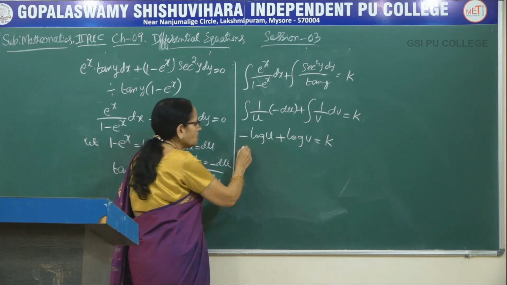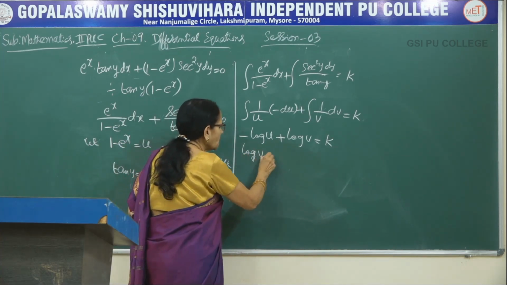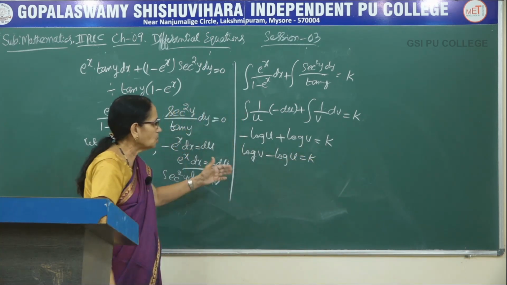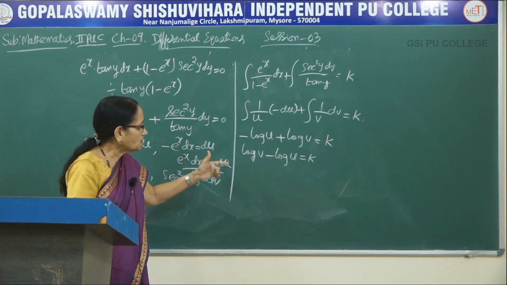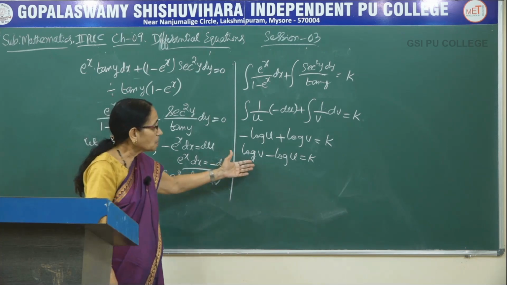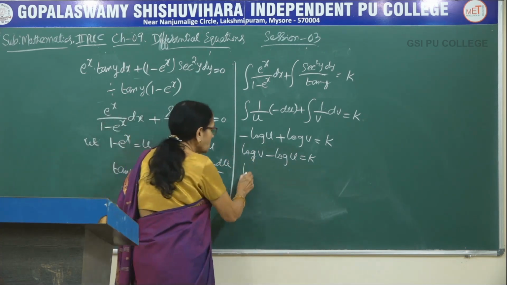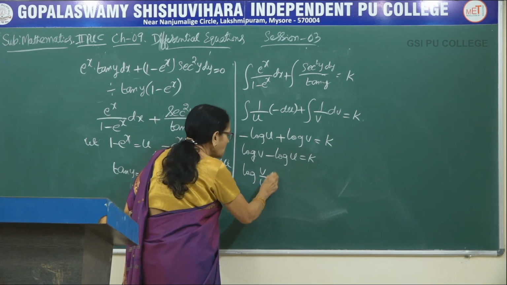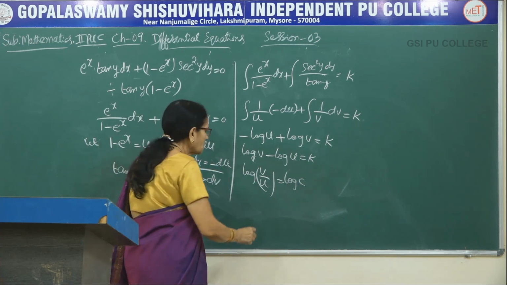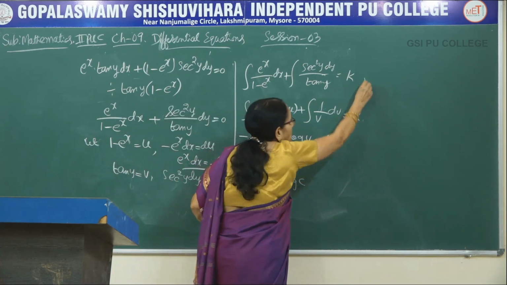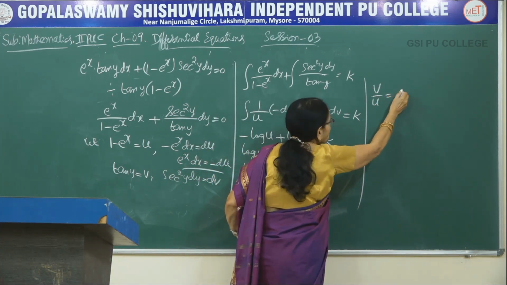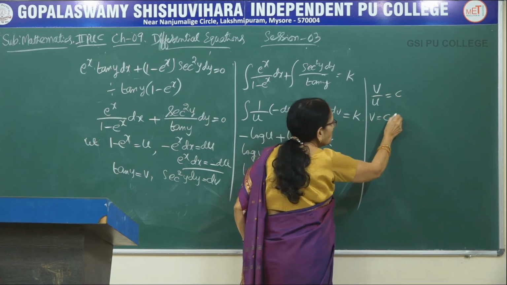Let me write in the proper order. It is log of v minus log of u, that is equal to k. I just want to take the positive term first. So as in the previous problem, in this problem also I am making use of the second law of logarithm. So I can write it as log of v by u equal to, now write it as a logarithmic function, that implies that v by u can be written as c, or v is equal to c into u.